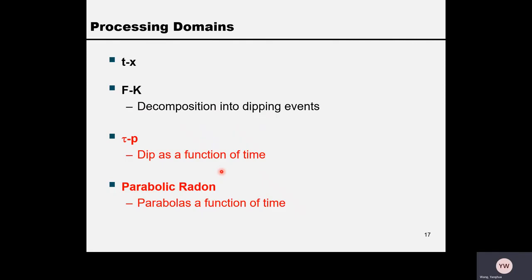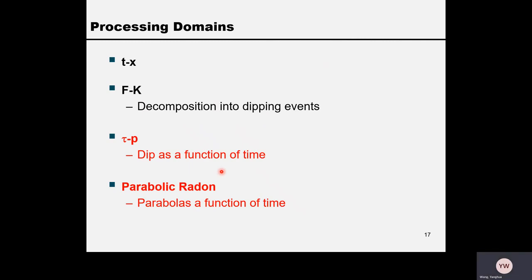In the tau p domain, tau is effectively T, so we only use a dip here. But this dip will be variable as a function of time. We exploit this dip as a function of time to do the filtering.